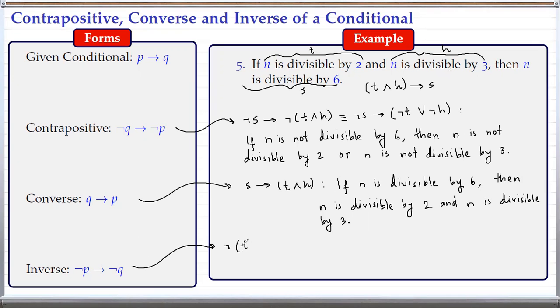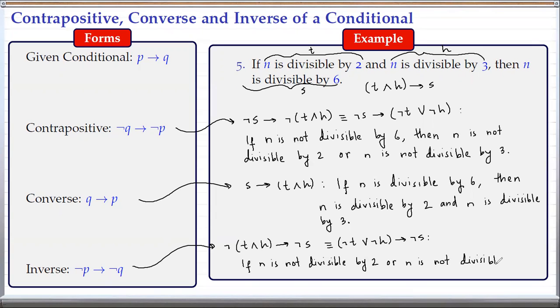So this will look like not (T and H) implies not S, which we can write as not T or not H using De Morgan's law, implying not S. So this we can write as if N is not divisible by 2, or not H, N is not divisible by 3, then not S, then N is not divisible by 6.